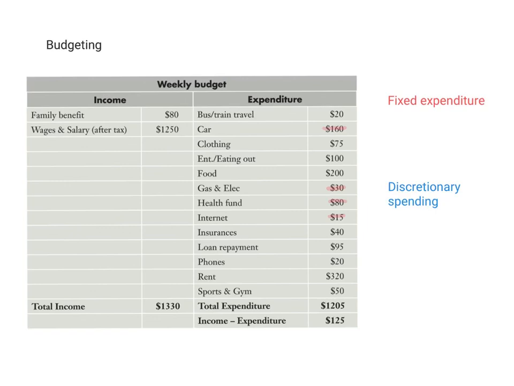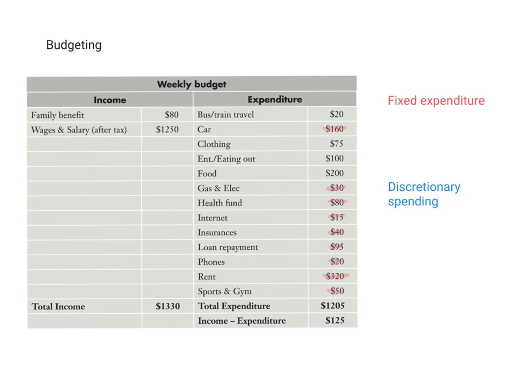Most of the time, internet these days is unlimited. Your insurances would be fixed, loan repayment would be fixed. Depending on what sort of phone plan you had, if it was a plan, it would be fixed. If it was prepaid, it wouldn't. For my situation, the phone would be fixed, so would rent. And the sport and gym, again, depends if you're signed up to a contract or not. But most of the time you are on a contract, so that would be fixed.